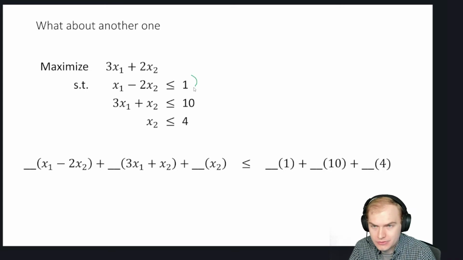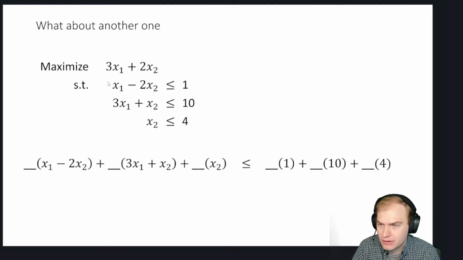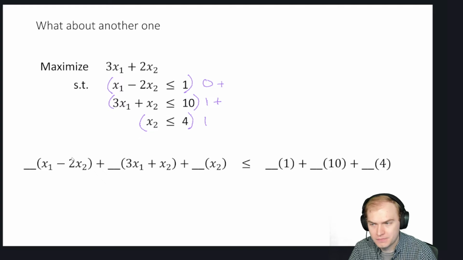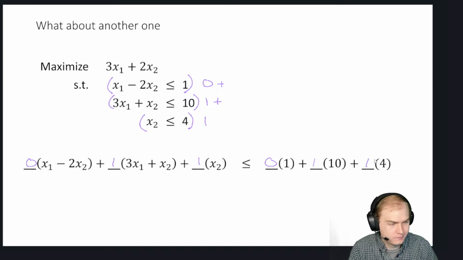So I'm going to pick a new linear combination. I'm going to pick 0, 1, and 1. We're going to add all of these together. So we get 0, 1, 1, 0, 1, 1.